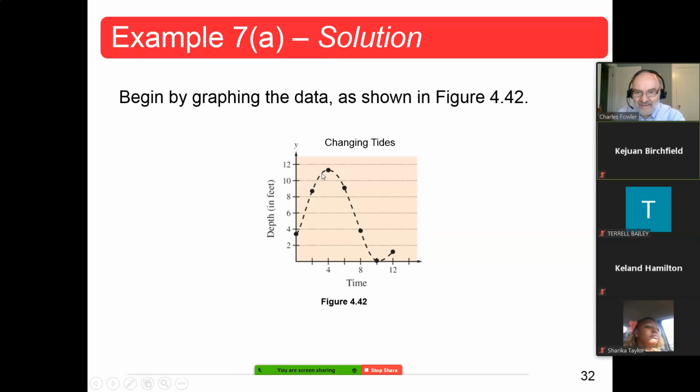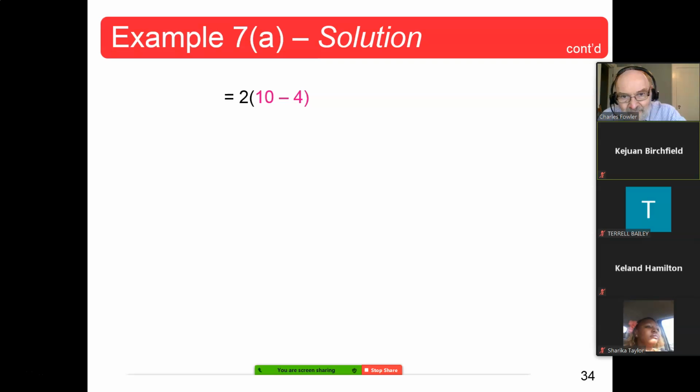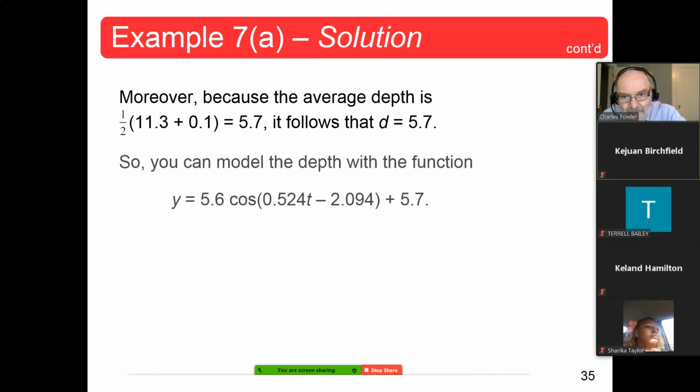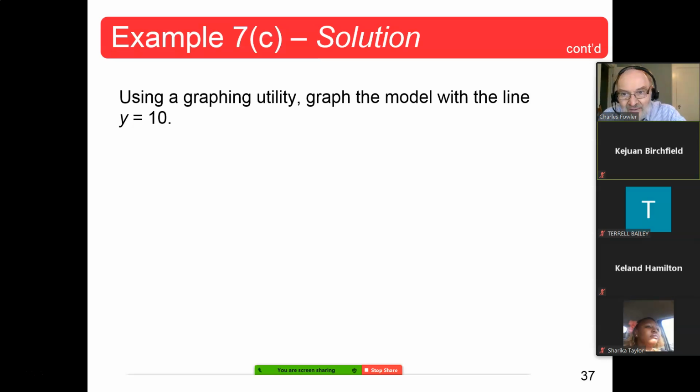This is really hard to do here, but I'll let you see what they're doing. They do it graphically. There's a 9 o'clock. There's a 3 o'clock. Using a graphing utility, that's what they do.